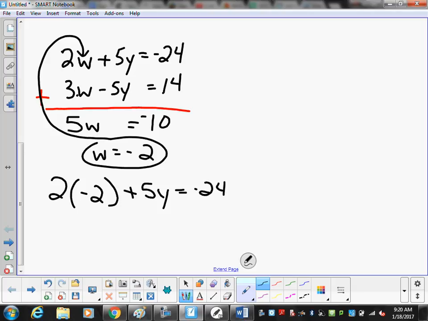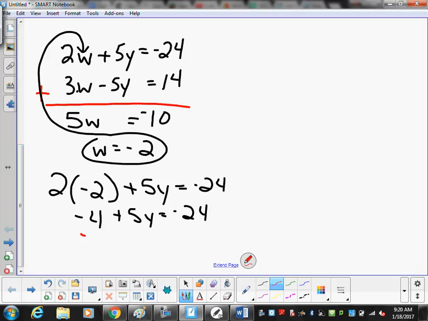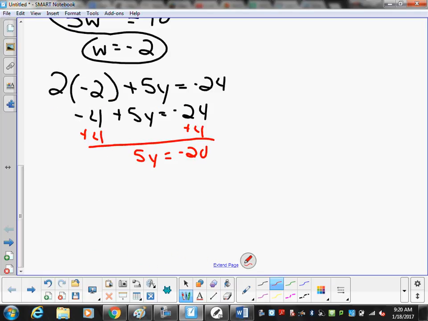Then I'm just solving for y. So our solution is negative 2, negative 4.